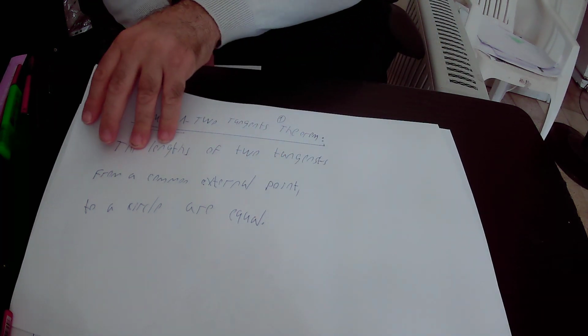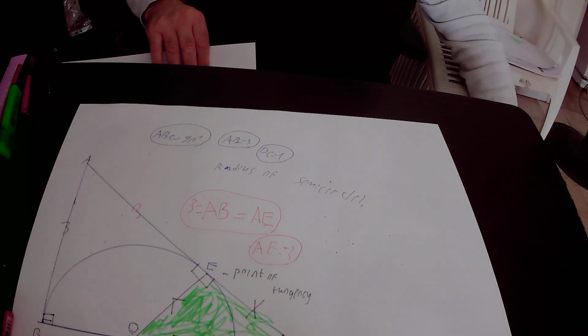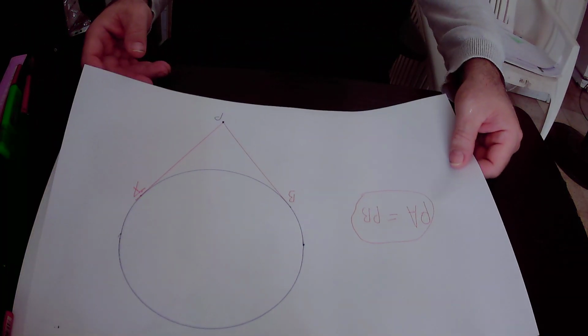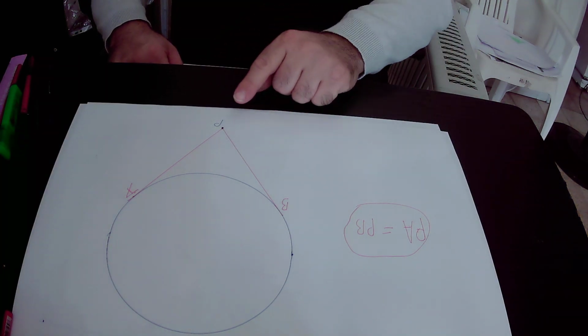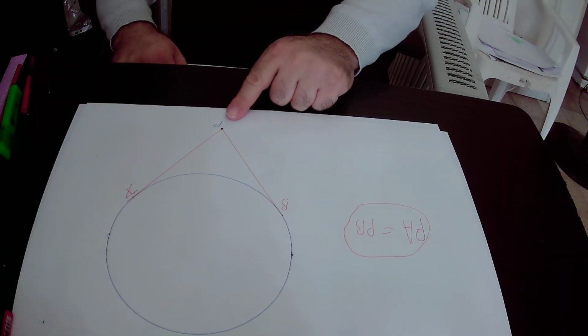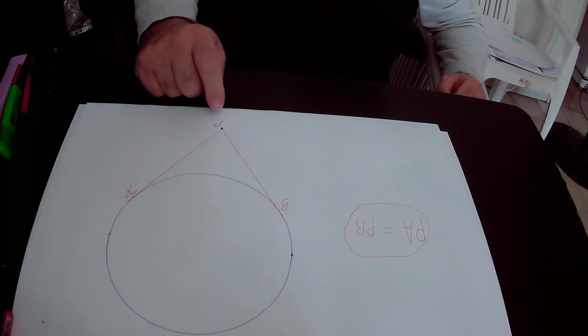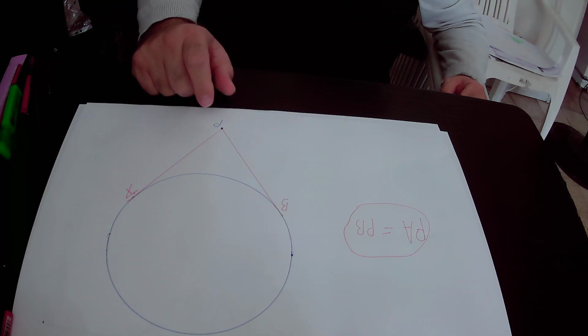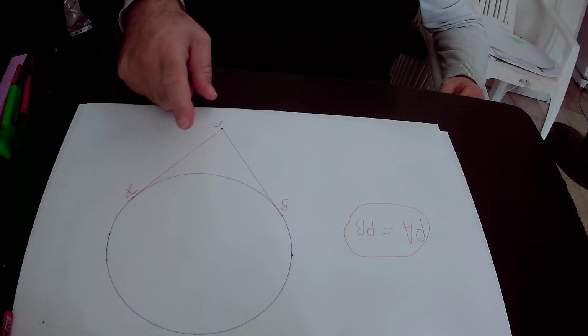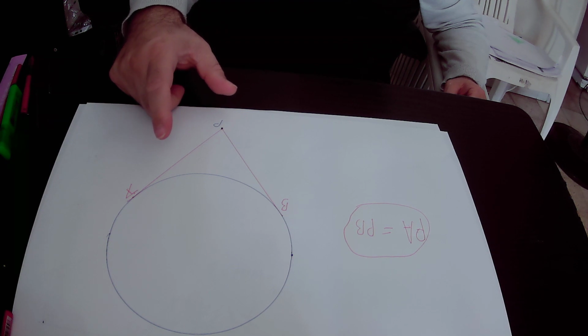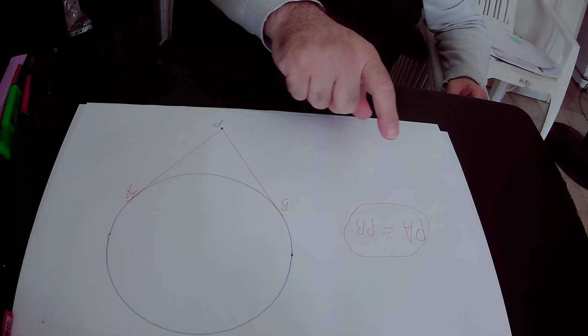So what is the meaning of the two tangents theorem? If you have this circle and an external point P of this circle, and from the external point P we draw two tangents, tangent PA and tangent PB, the lengths of those two tangents will be equal to each other, that is to say PA equals PB.